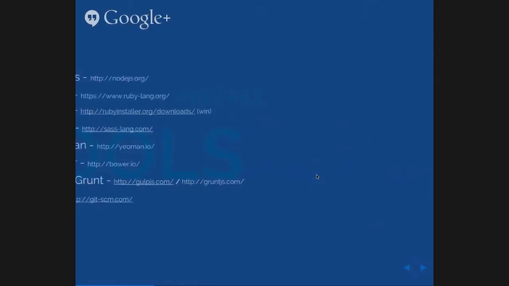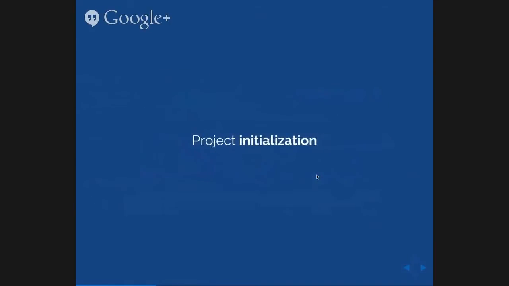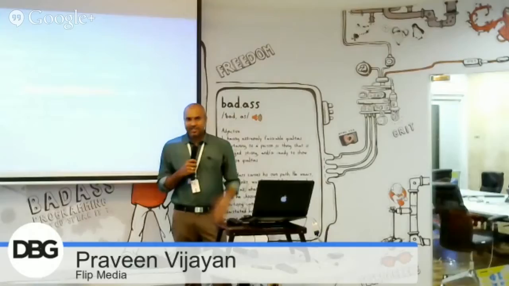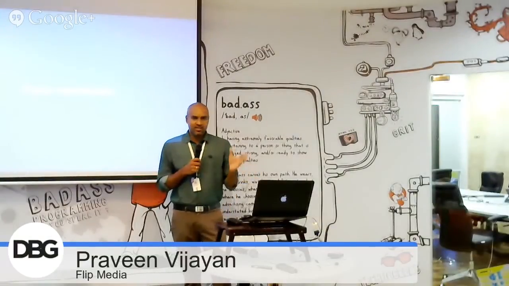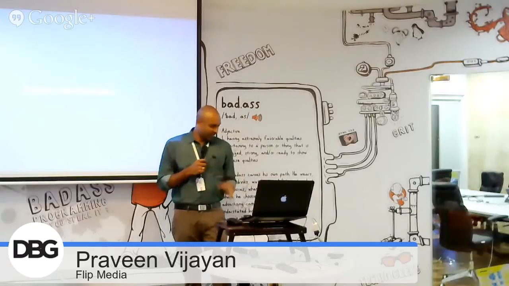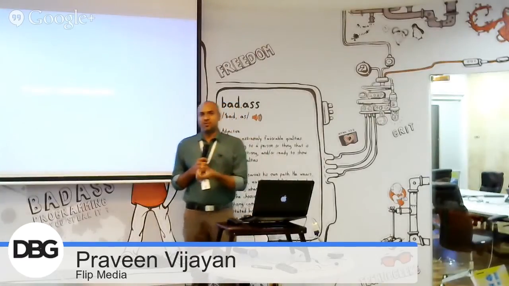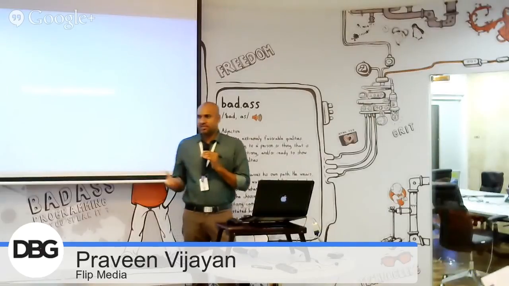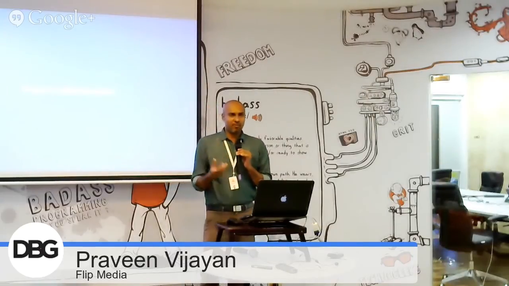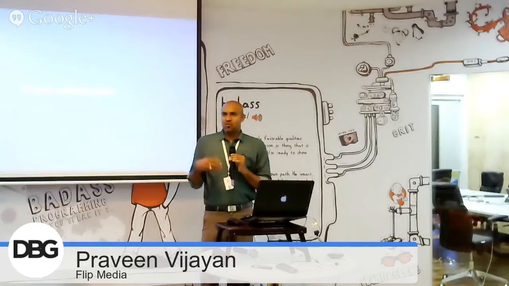So we set up our environment. After installing all these tools, we can start working. The next part is project initialization. That's also a difficult process. Why? Because each project is different. As I told, each stack is different. So each time you start a project, you have to download all these packages and install all these things.